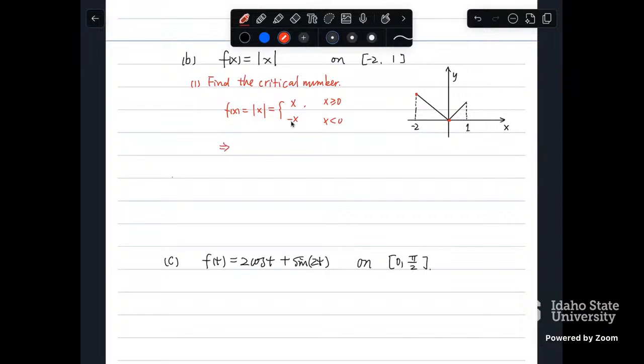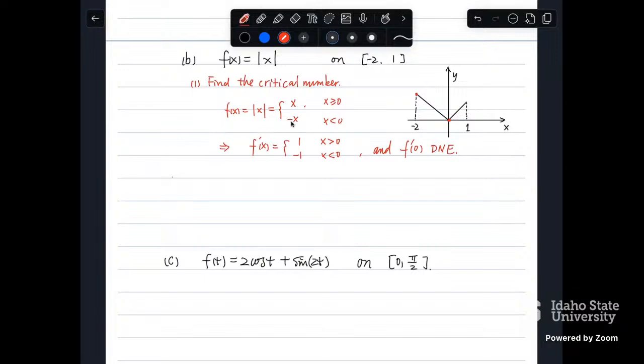This implies the derivative of the absolute value of x is equal to 1 when x is greater than 0, and -1 when x is less than 0, and f prime at 0 doesn't exist.